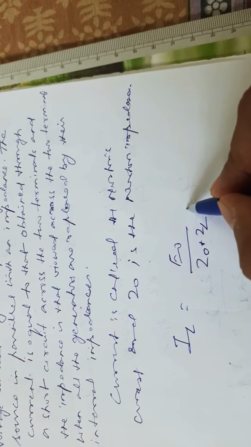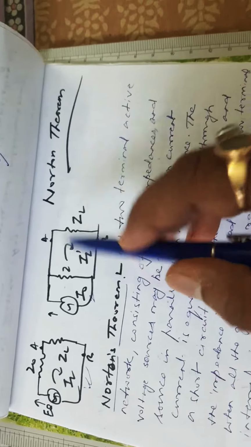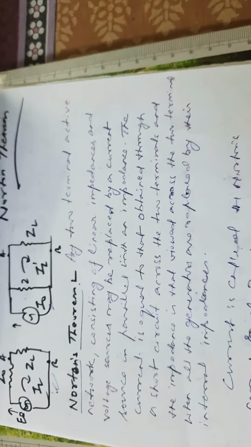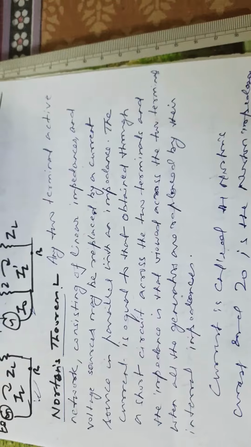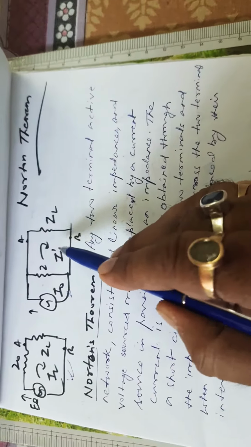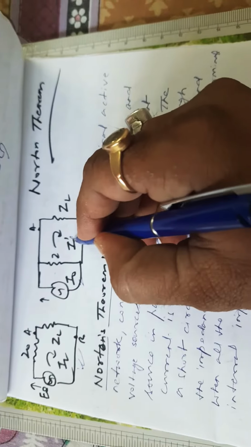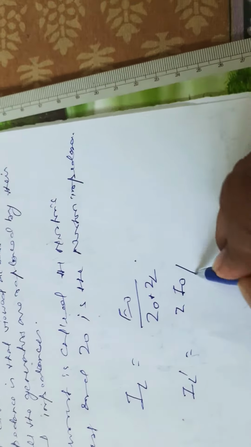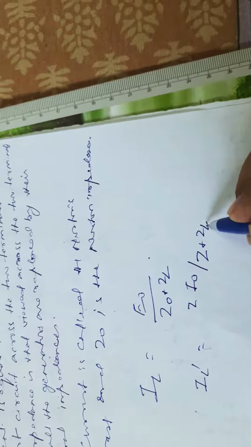Now we will apply the current division law, the basic law which you have already done at your plus 2 level, in this network to find the value of IL prime. So IL prime will be given by Z I naught divided by Z plus ZL.